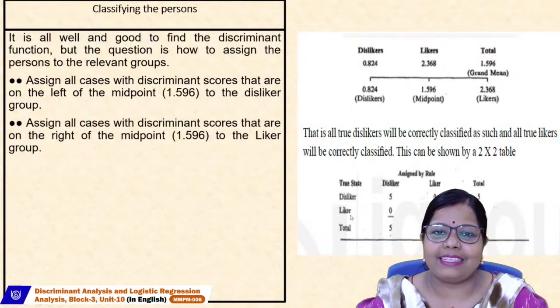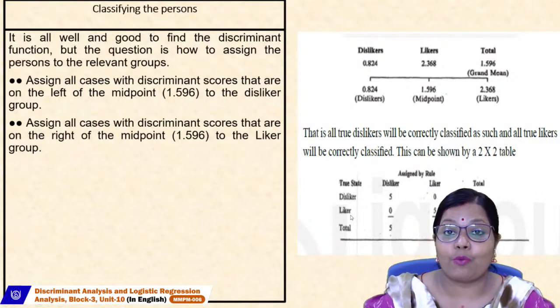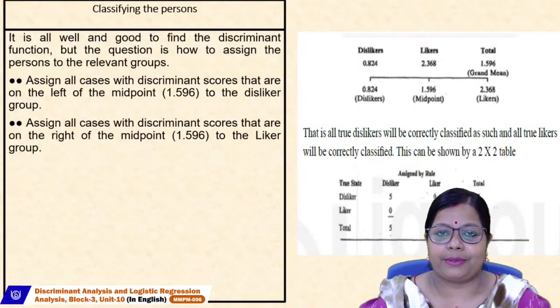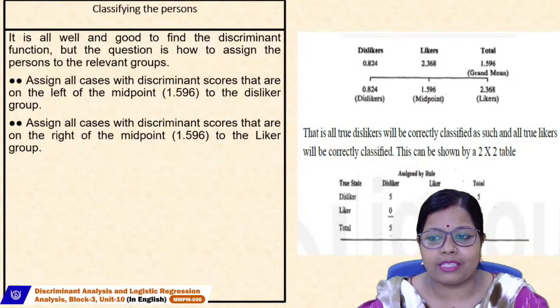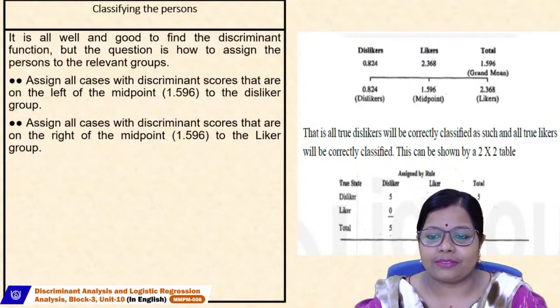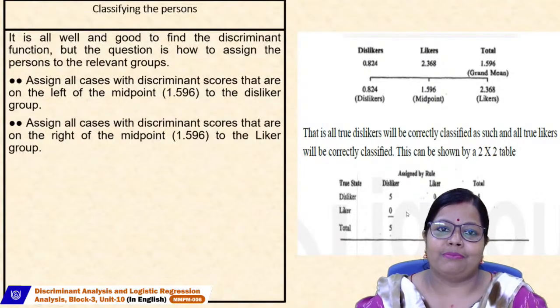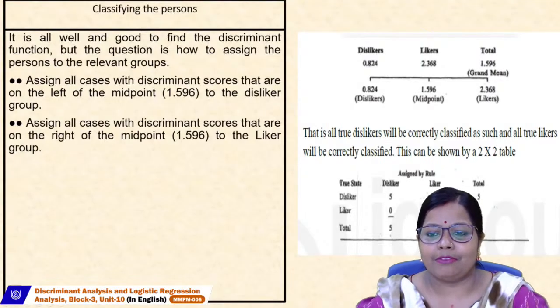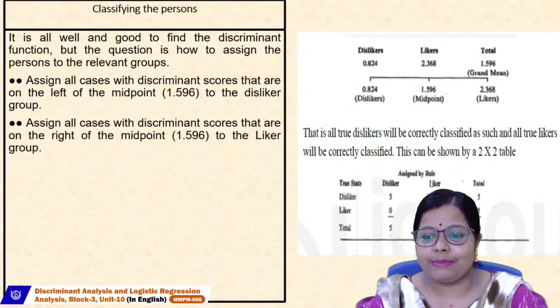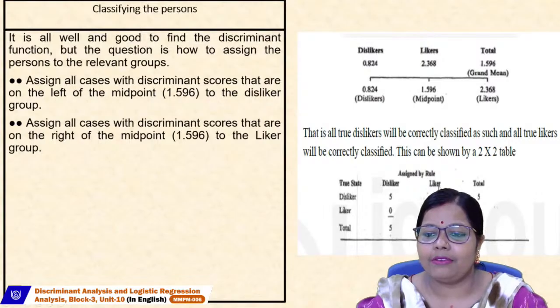But what about disliker and liker, as both are not overlapping with each other? They are mutually exclusive with each other. It says that is 0. Means they are purely, truly discriminant with each other in nature. Similarly, in liker and disliker, if we see, it is 0.